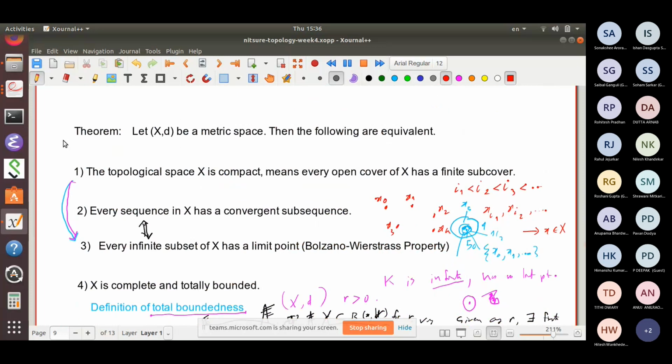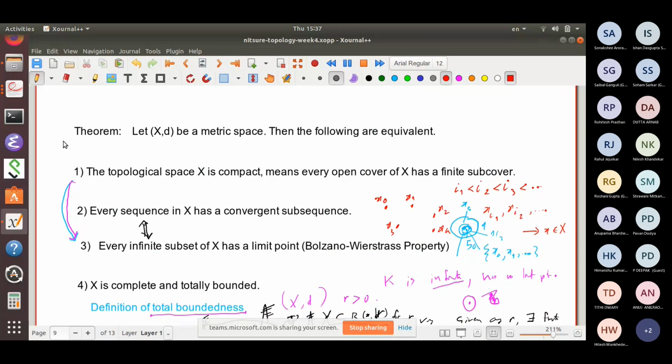Then we started looking at equivalent formulations of compactness. I told you that compactness is very important, and it occurs in many alternative versions, and you should be able to recognize those versions, and once and for all, prove equivalence between various versions. Therefore, in any context, if you recognize one of these properties, you also know the other properties hold there, without trying to visualize how the other properties look in that context.